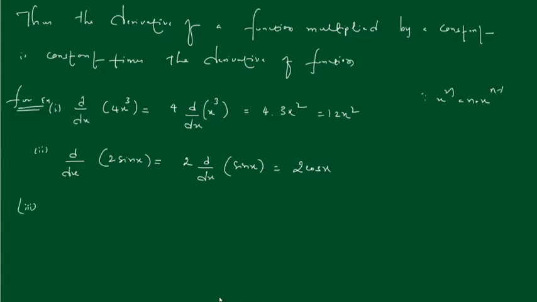Next, third one, d by dx of 5 log x, that is 5 d by dx of log x. So that is nothing but 5 into 1 by x, which is nothing but 5 by x.